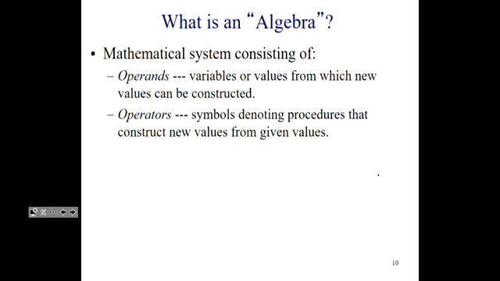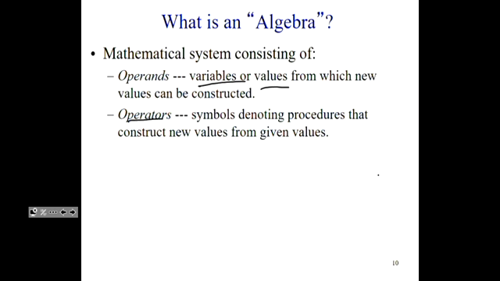So broadly speaking, what is an algebra? So you may have taken a linear algebra class. So this is probably familiar to you. An algebra is a mathematical system which consists of operators and operands. Operands are the items that you actually manipulate. So these are variables or values. And these are things that you can manipulate and from which new things can be constructed.